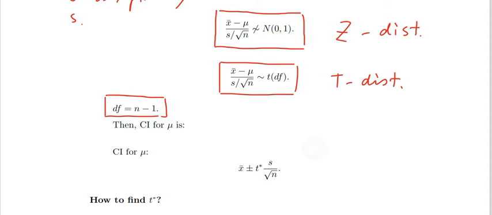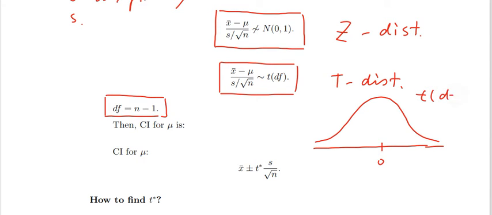Here is the T distribution with its degree of freedom, and this cutoff point becomes T star.